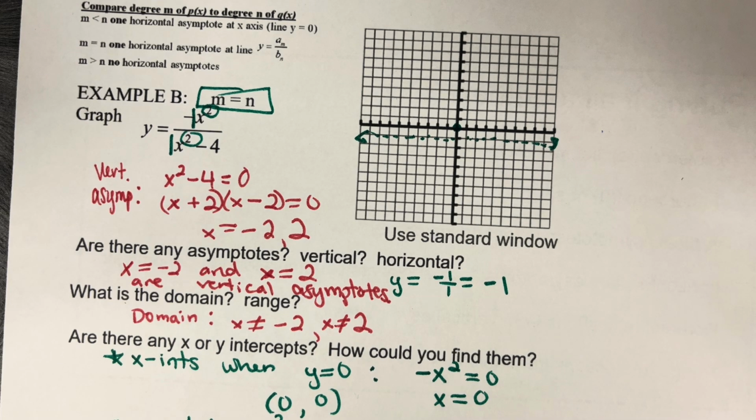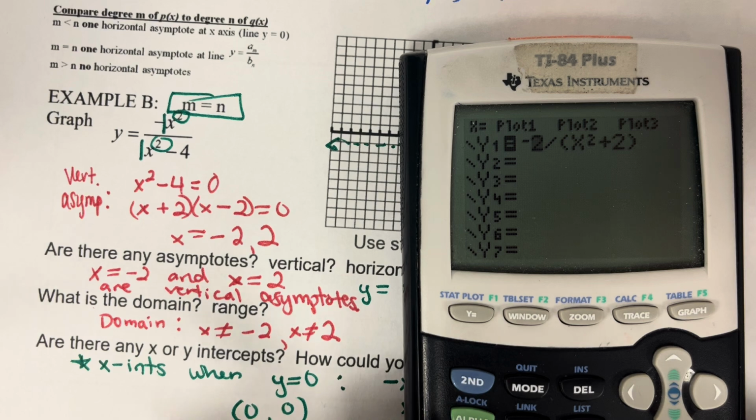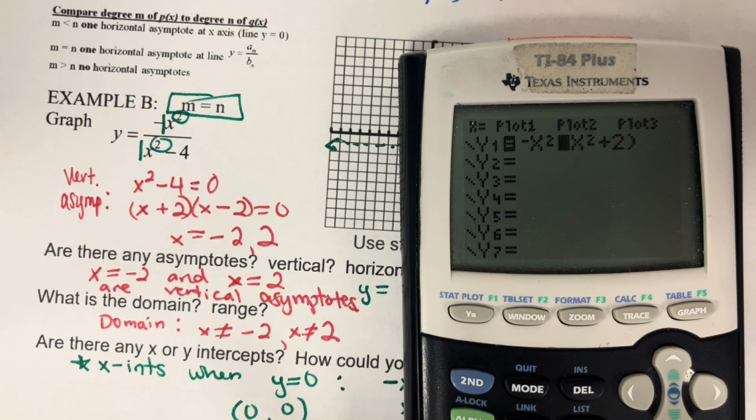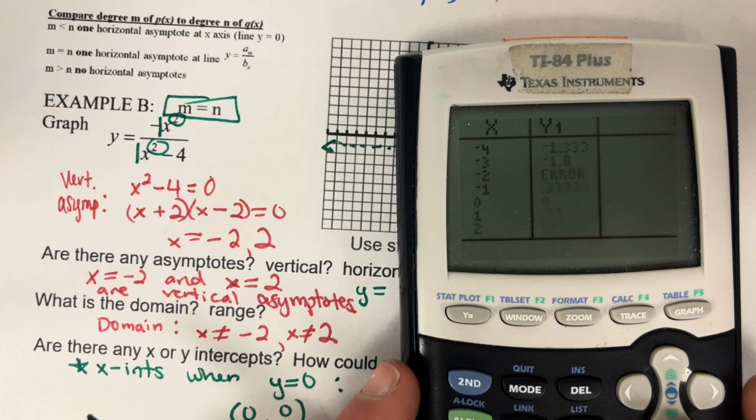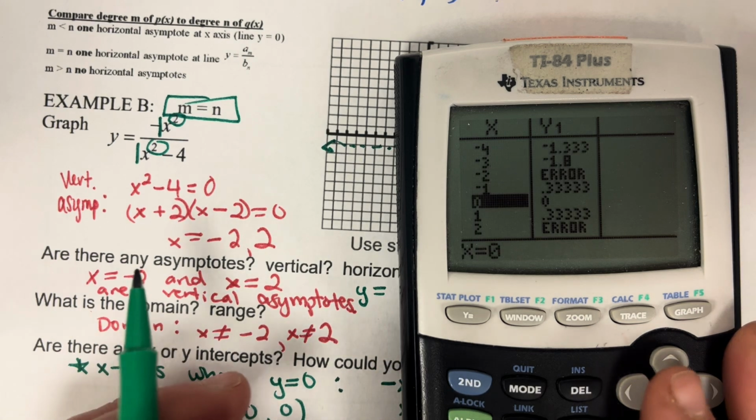So put -x squared into your calculator, and then divide by x squared minus 4. Go to second table. Let's get some points on our graph.